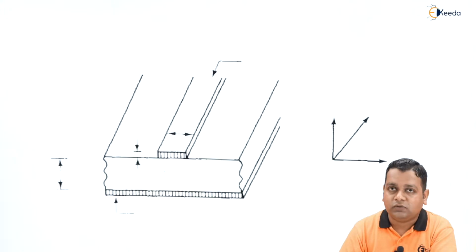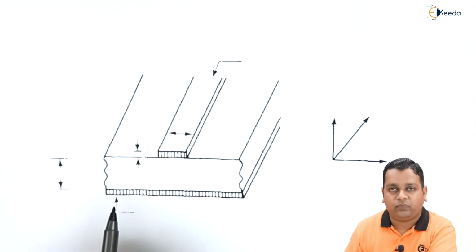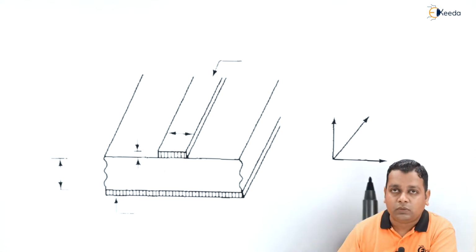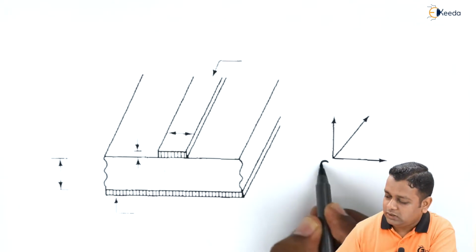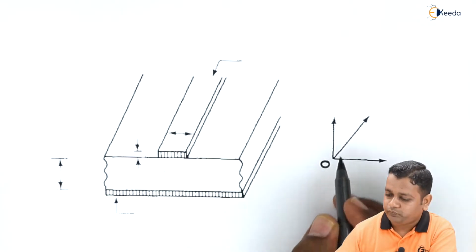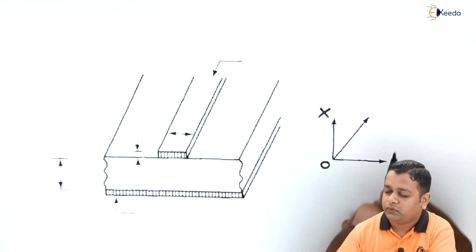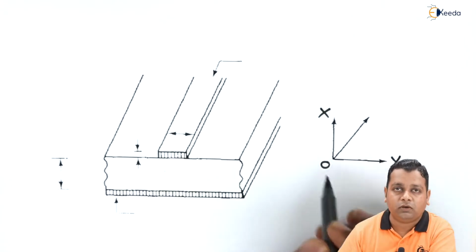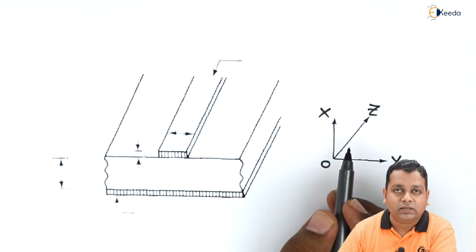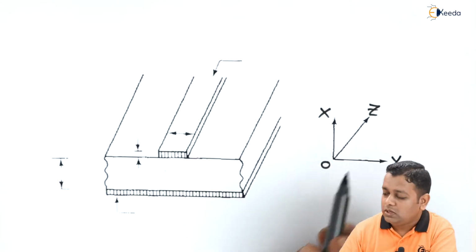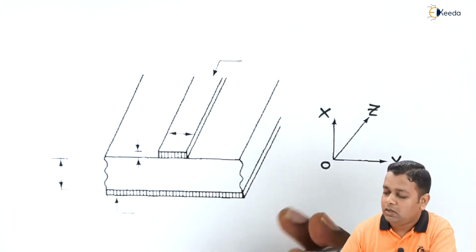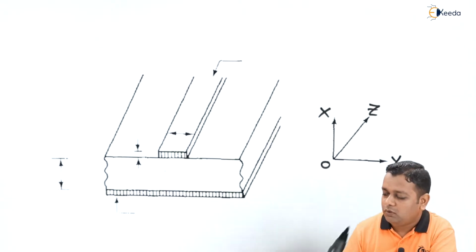The three-dimensional cross-sectional view is represented in this diagram. For dimensional convenience, we take the help of three axes that are mutually perpendicular to each other, intersecting at one point called the origin, represented by O. Assume this is the x direction, this is the y direction, both belonging to the plane of the paper, whereas the z direction is denoted by a tilted line, but basically it is perpendicular to the plane of the paper, going inwards, whereas the negative direction comes out of the paper at the position of the origin.